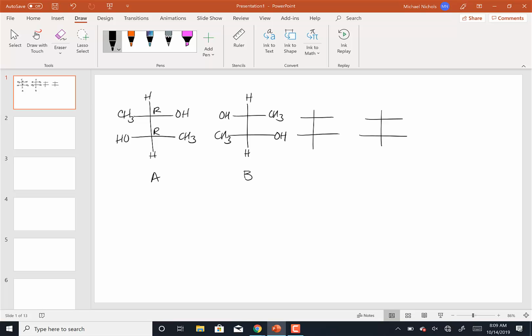They're enantiomers. Okay, they're mirror images. They're mirror images, so A and B are enantiomers. So configuration-wise, top carbon in B would be S, and the bottom carbon would be S as well. Okay? How about C?